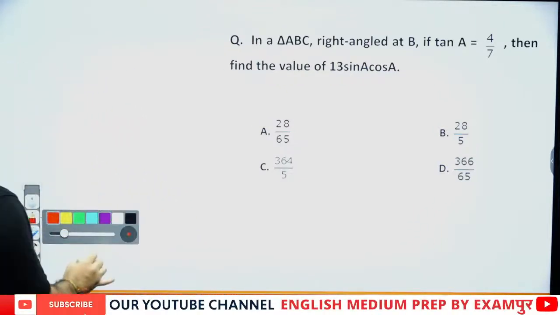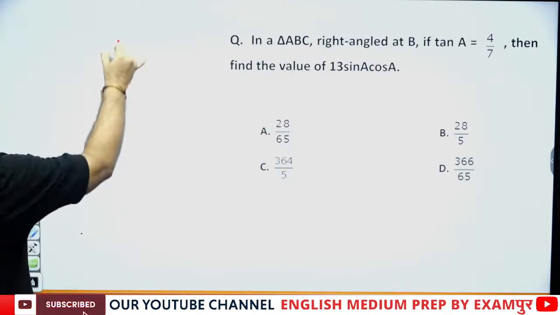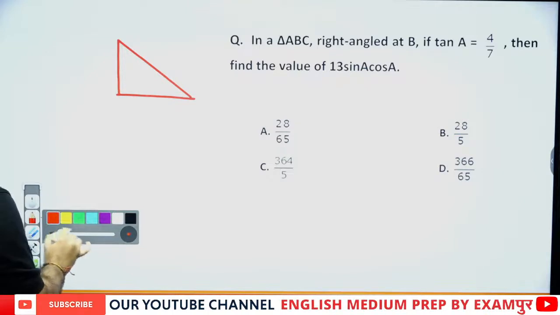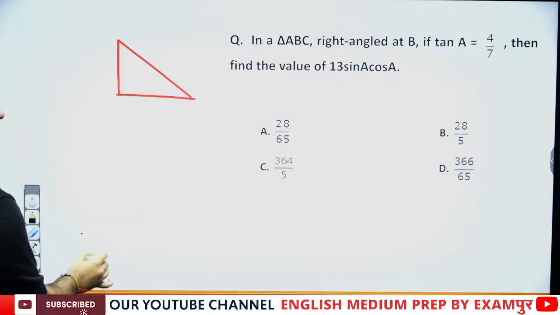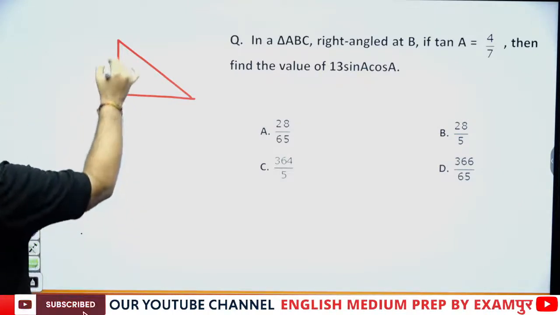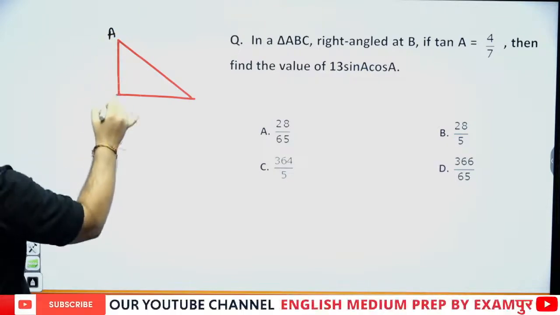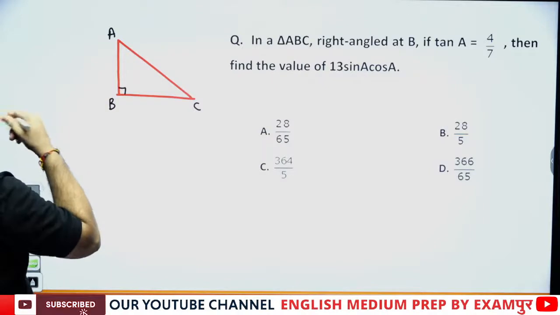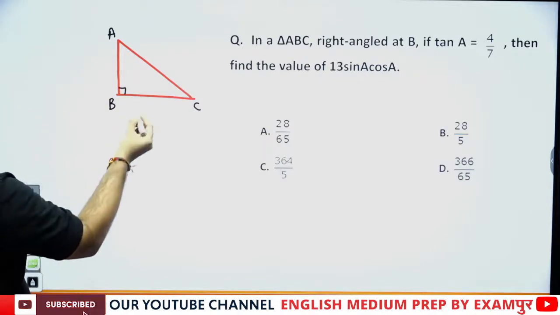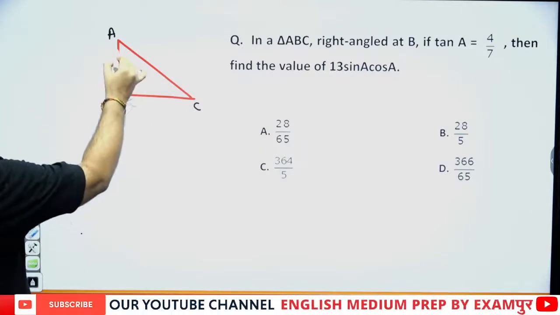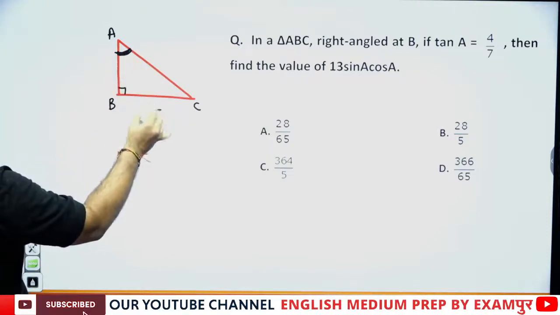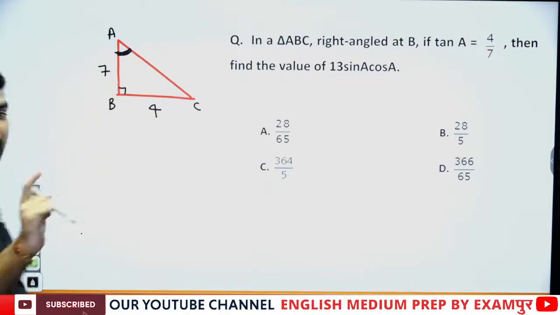Tan A is 4 by 7, right angled at B. So for A, this is the perpendicular and this is the base. This is the error prone zone.